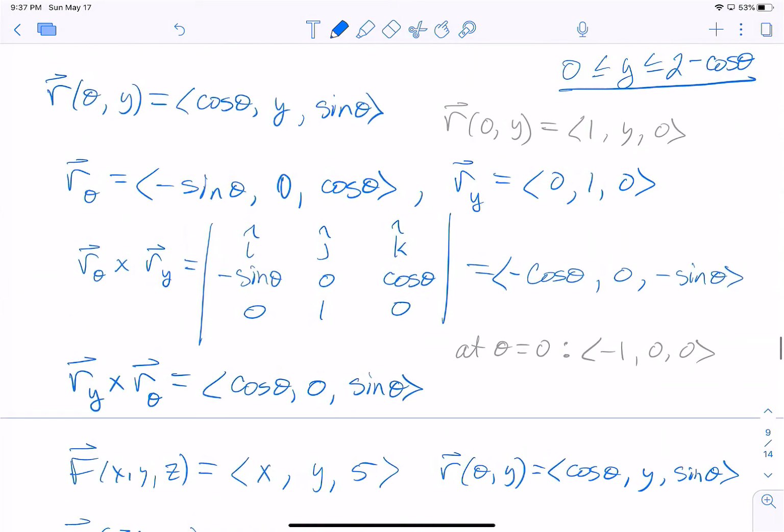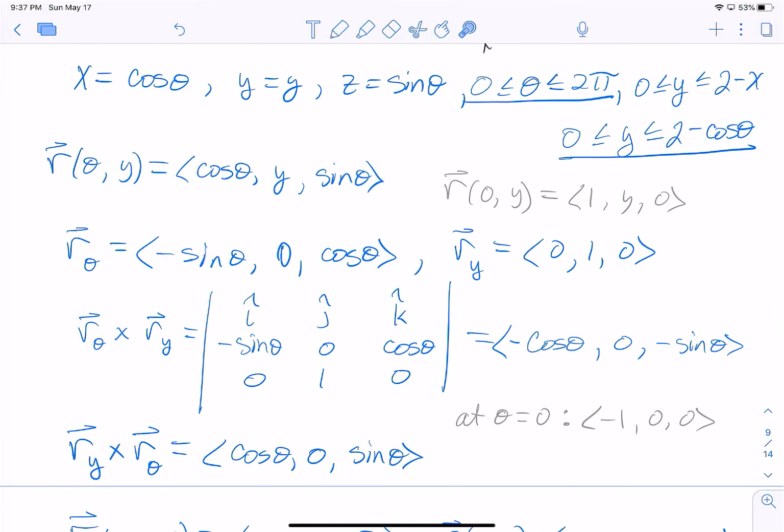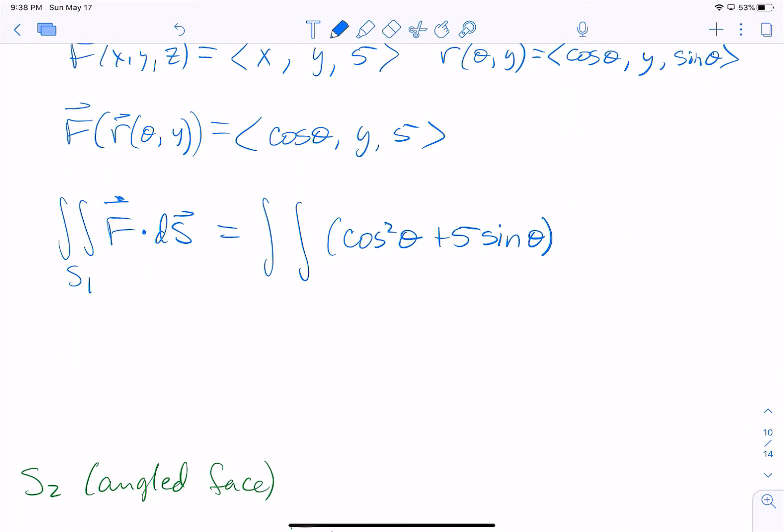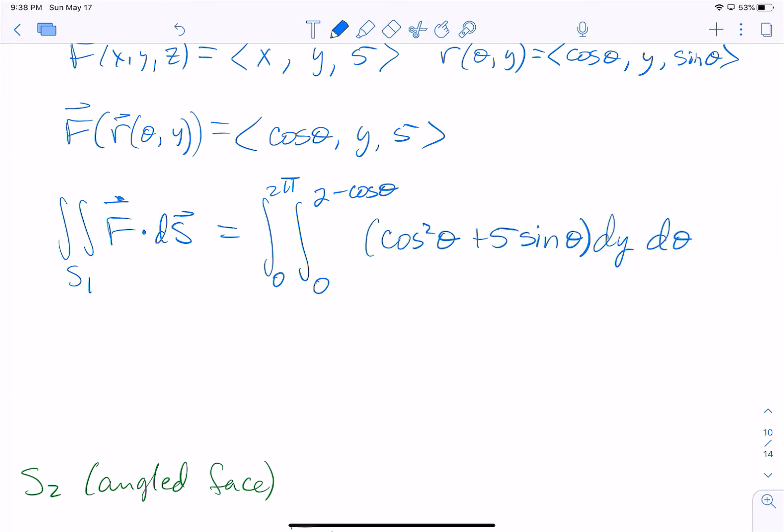Using the boundaries that we found already for y and theta, the first integral goes from 0 to 2 pi, and the second one goes from 0 to 2 minus the cosine of theta. We have just used the order of integration dy d theta. I will leave it to you to confirm that this is equal to, if you want to do it yourself before I give you the answer, pause it here now. 3, 2, 1, 2 pi.